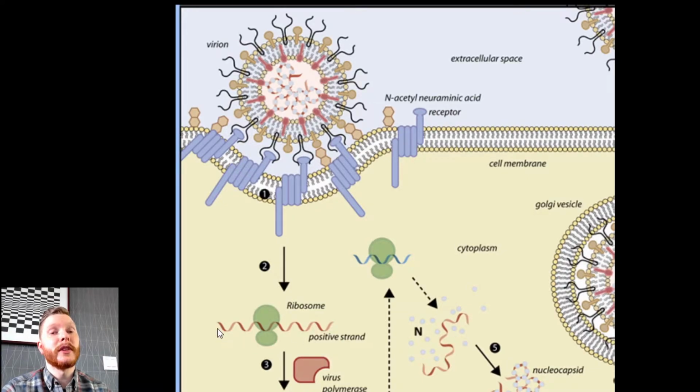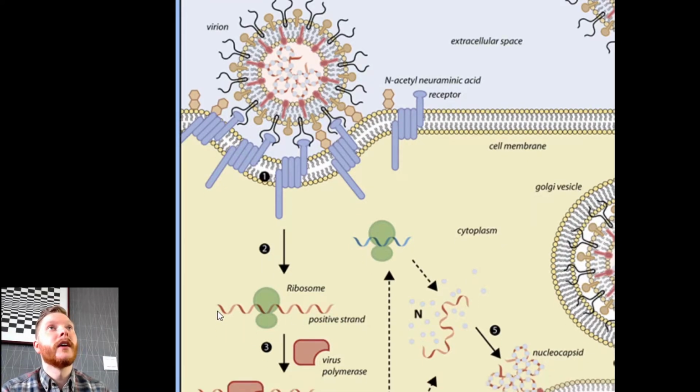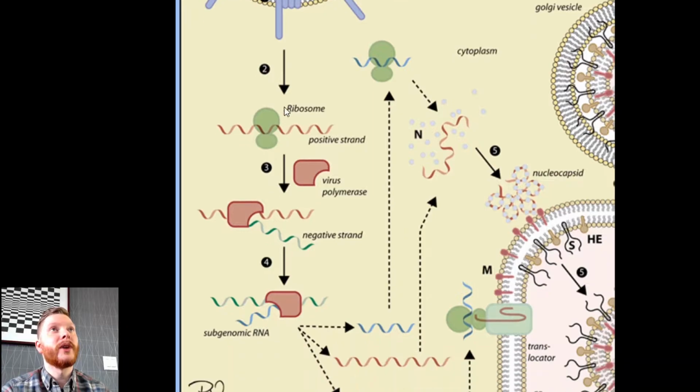So we saw before that it was something called RNA. RNA basically gives your ribosomes instructions on how to make proteins. So it says right here, this is virus RNA, and it's giving it instructions on how to make more virus. Okay, so basically it keeps making more virus, more virus, more virus, and it gives instructions on how to make more copies of this and how to make more copies of the stuff on the outside.